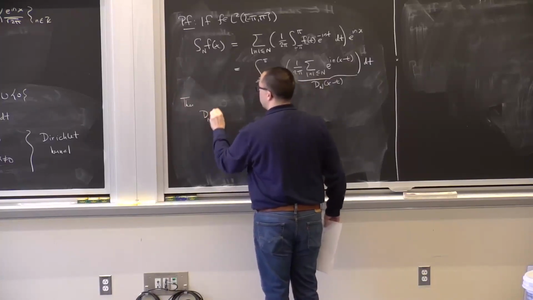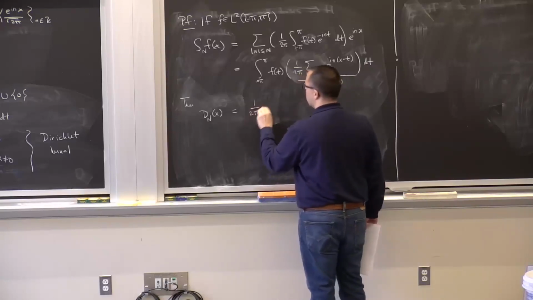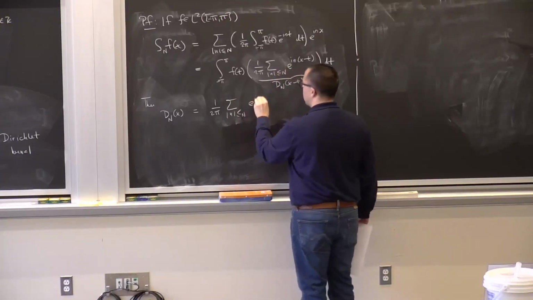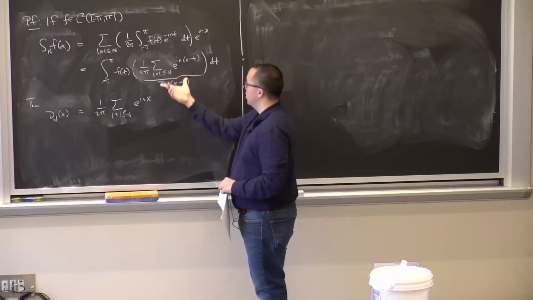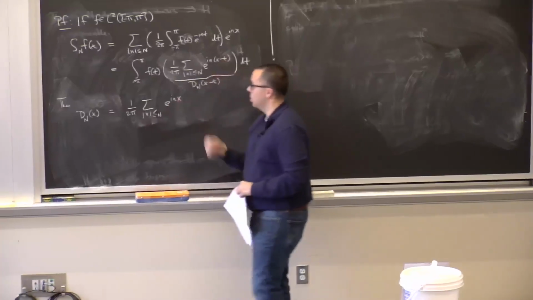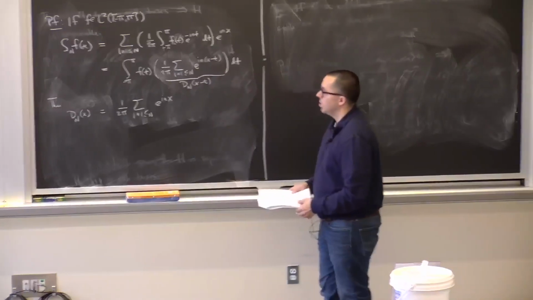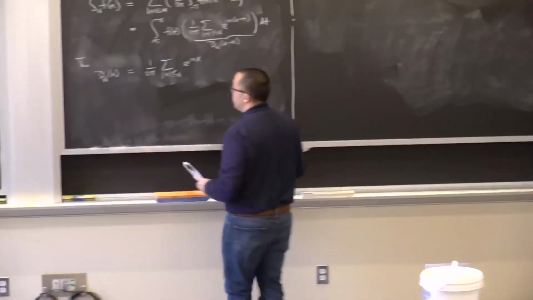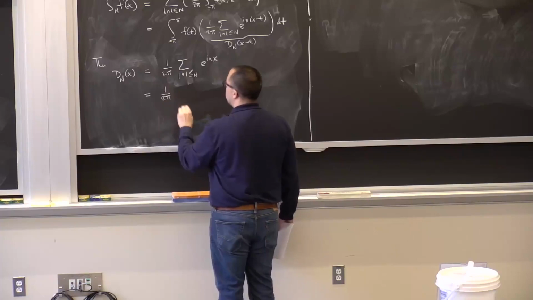And now let's compute D_N of x. So let me just rewrite what it is. The sum over |n| less than or equal to N of e to the i n x. Where did the t go again? This is D_N of x minus t, so the argument's there, right? Maybe I should have put a y or something like that, but I didn't think that far ahead. So this is the D capital N, and now let's just massage this a little bit.